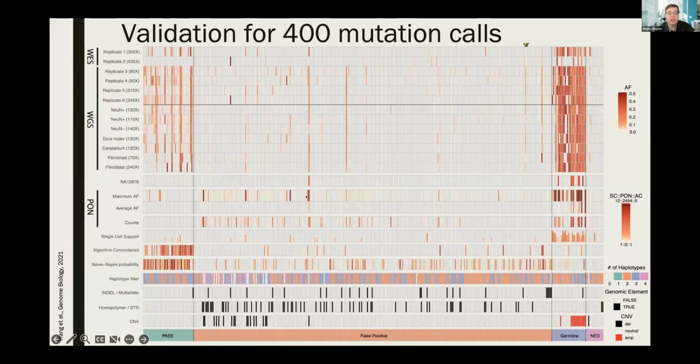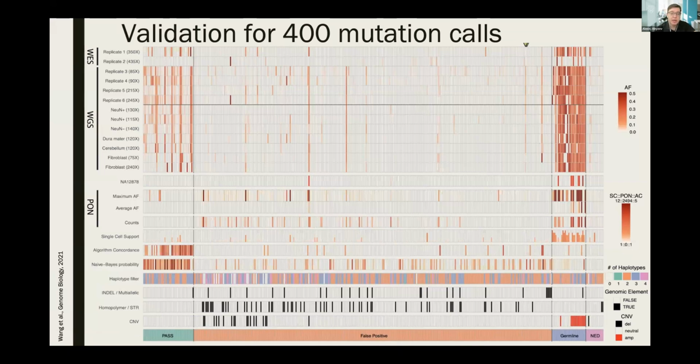If you see it there, it's an indication this is probably a false positive. So this is actually a very powerful filter to get rid of false positives. There were a few other things I can highlight. For example, false positives were typically close to homopolymers and STRs. STR is short tandem repeats. This is a problem where reads from the sequencing are not aligning well.